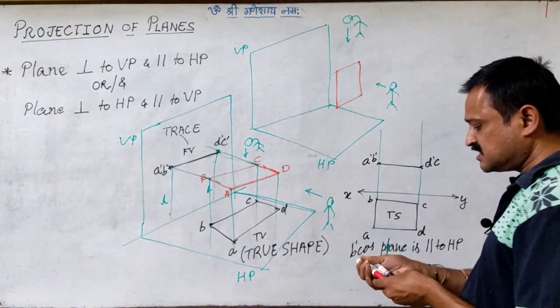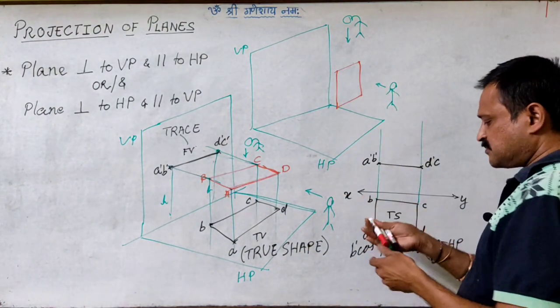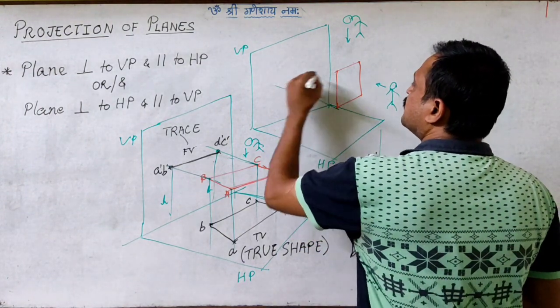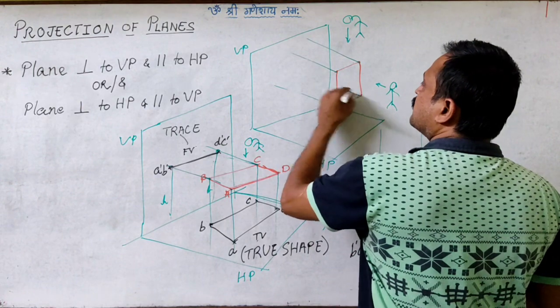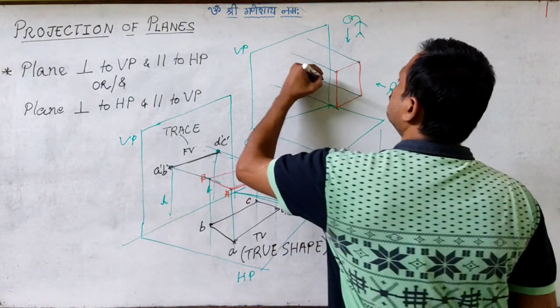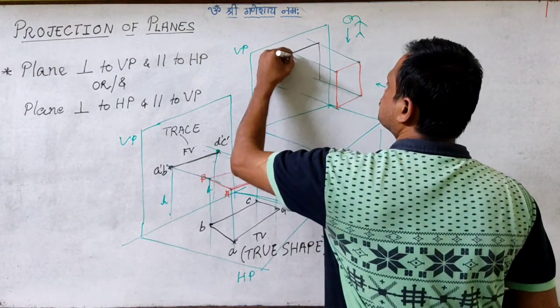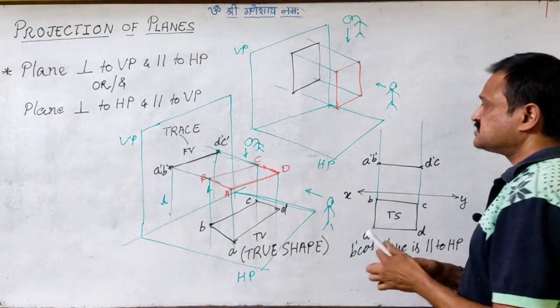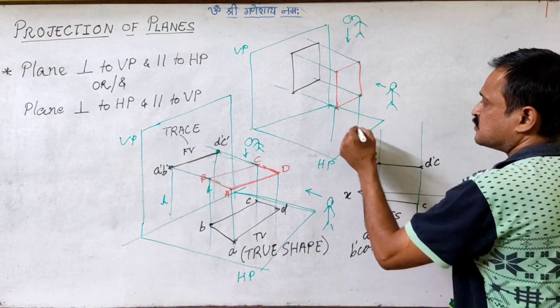Next condition. Here we have kept it parallel, so the projectors will be drawn, right? So in this case I'll be able to see the true shape in the front view, right? And the trace image in the top view.